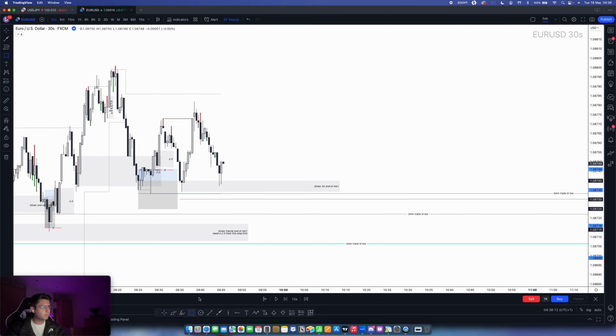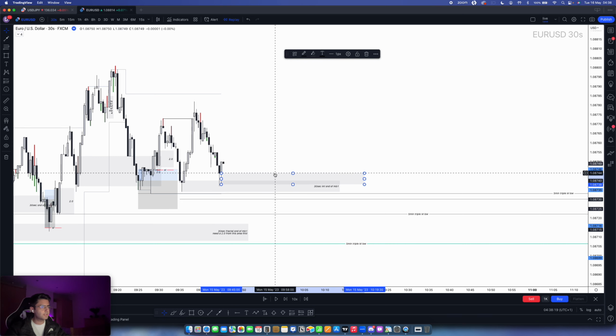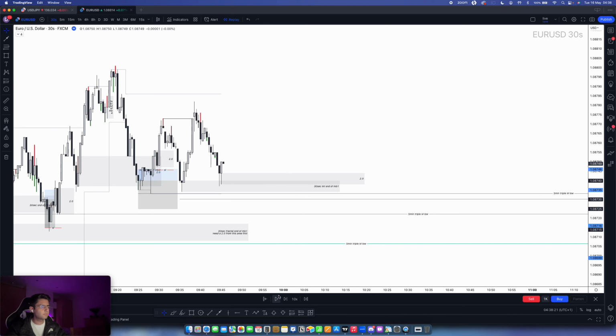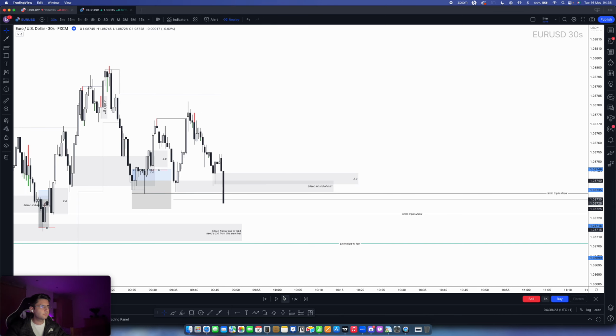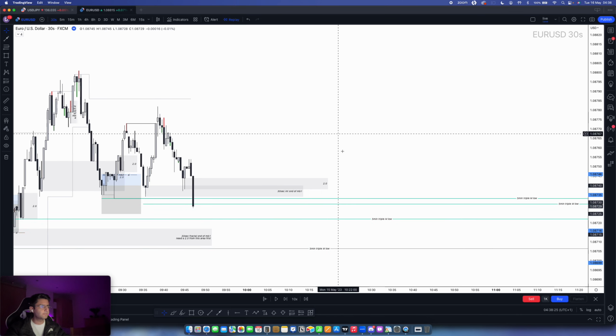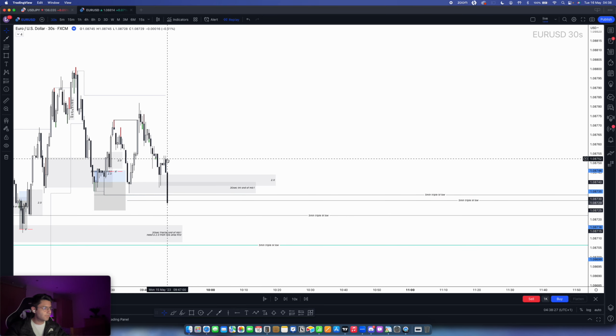We don't get a triple M, but we do get a potential 2.0. Can refine it down to there. Trades right through it. See where this 5 minute area ends. 5 minute ends on this candle here.